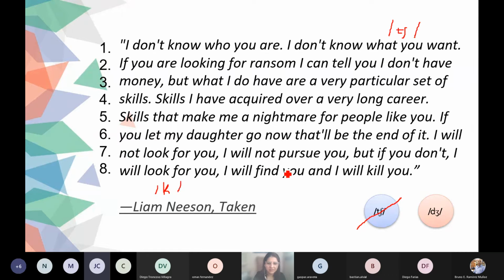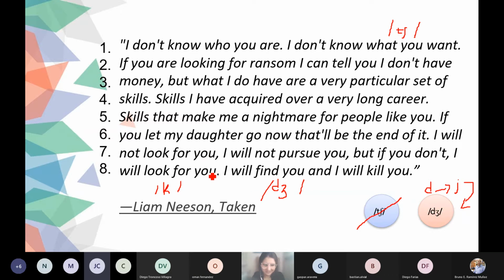And this one has to end in a D that is followed by a Y. So it will be find you. That's correct. Here we say find you. Find you. So here was the second one.